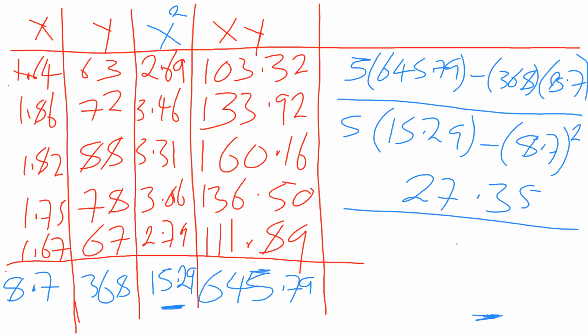So 5 times that minus 8.7, then you square the value of x.